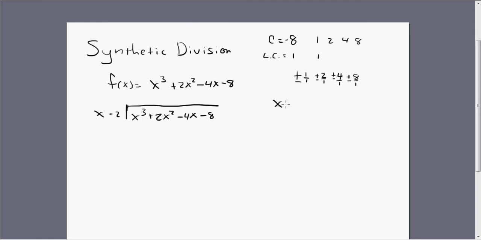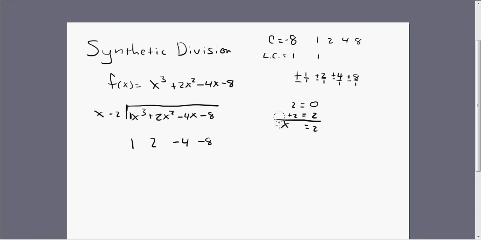Well, if x minus 2 is a factor, that means that 2 is the solution. So instead of dividing this by x minus 2, I'm going to take all of the coefficients and rewrite them down here: 1, 2, negative 4, and negative 8. And I'm just going to tidy everything up real quick.